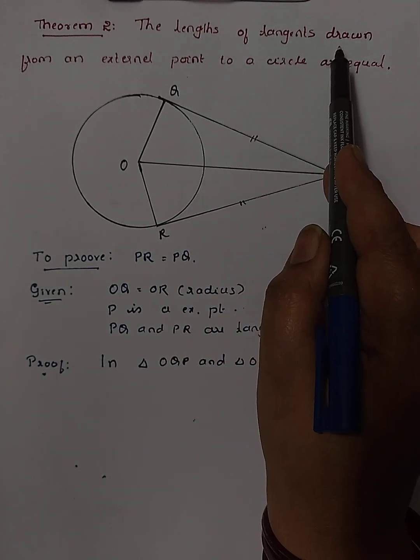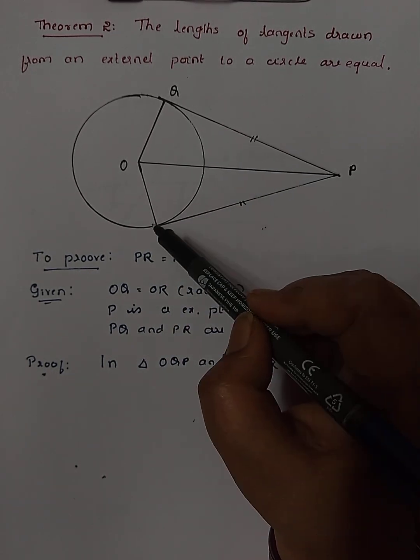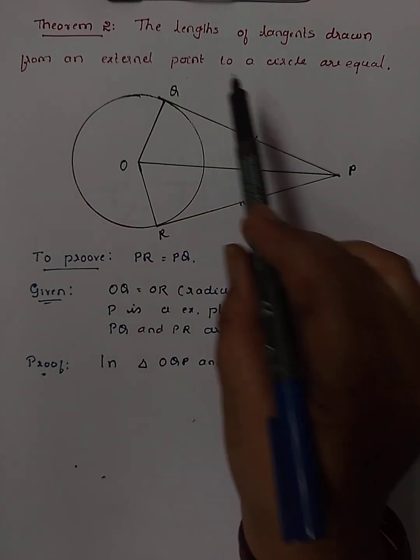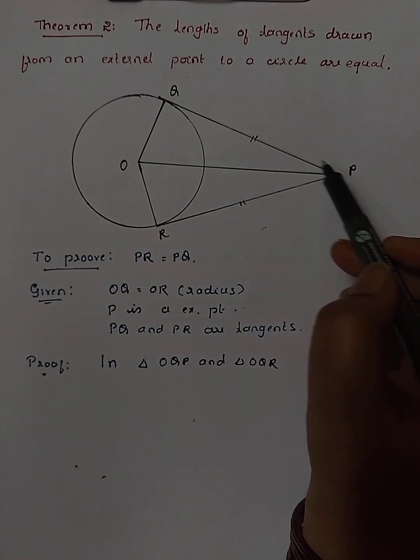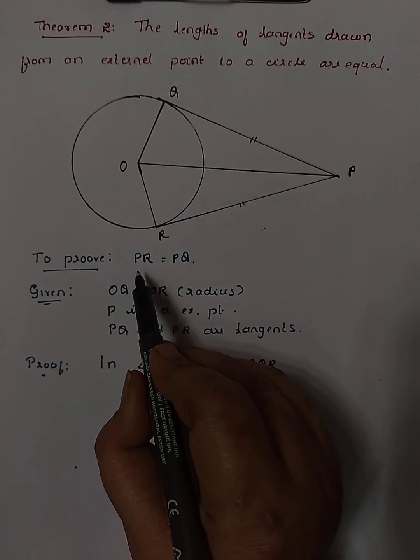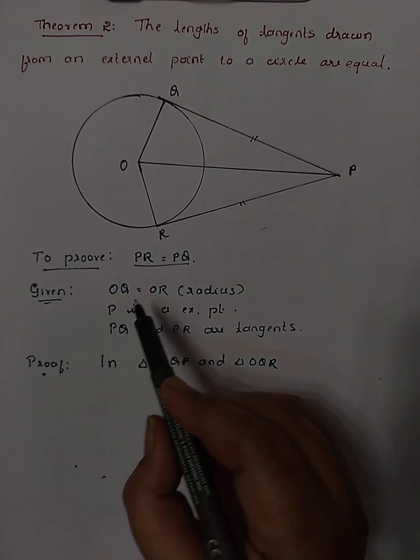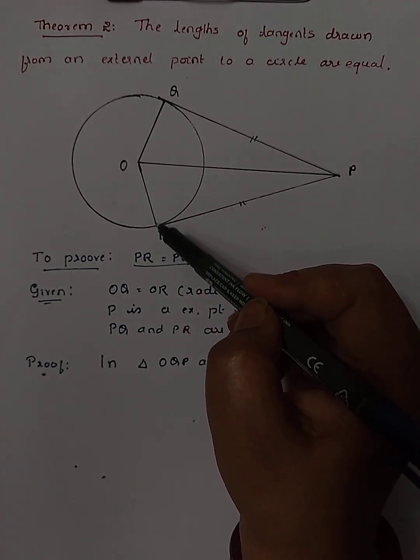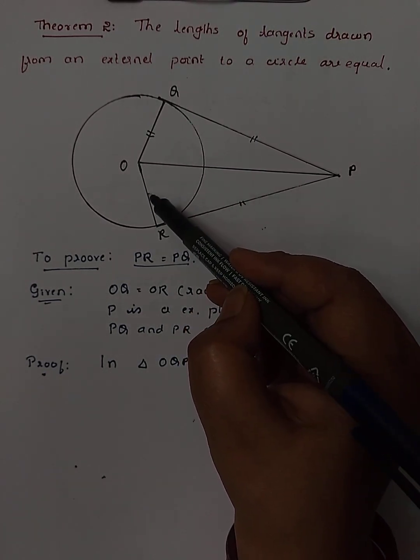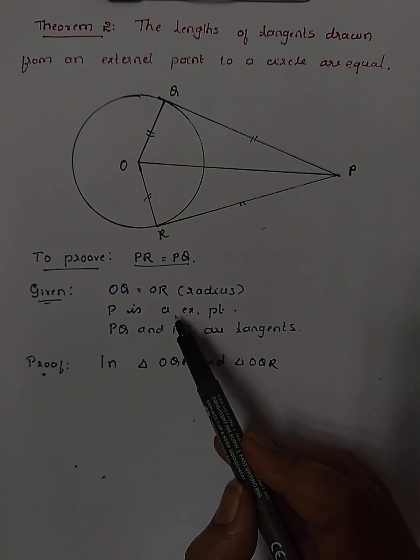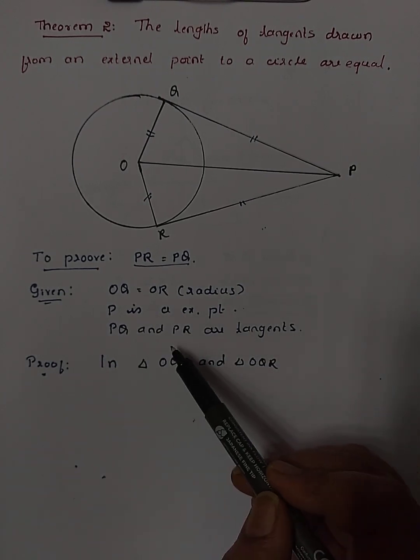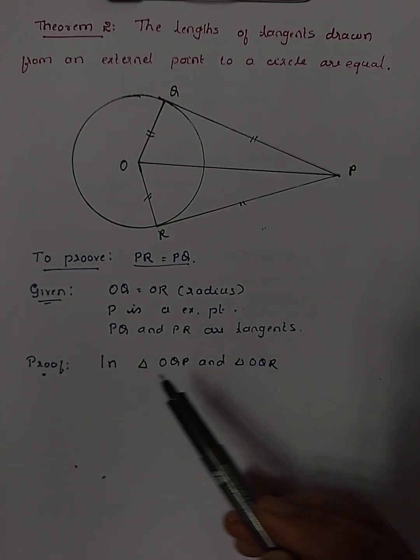So given is radius OR and OQ are also equal, P is an external point, PQ and PR are tangents.